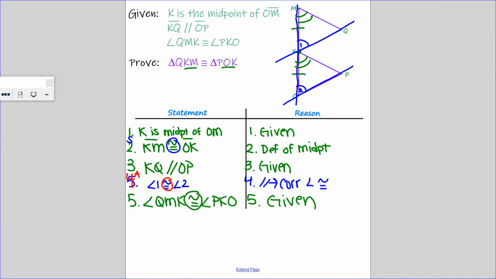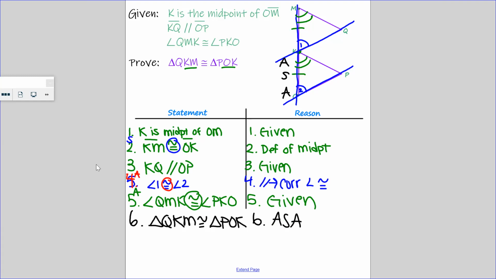Another congruent sign, those are angles. I have 3 congruent signs, and we're ready to go triangle to triangle. So triangle QKM is congruent to triangle POK. Look at your picture. What is it? Side angle side? Angle side angle? ASA, we've got A, angle, side, angle, and we're done.